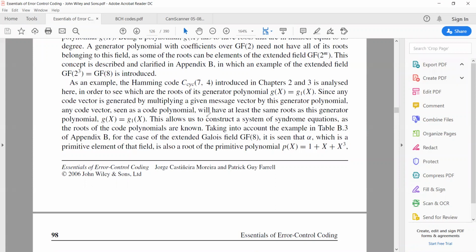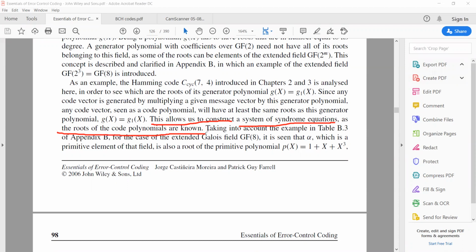From this concept, we can say that this allows us to construct a system of syndrome equations. Why? Because the roots of the code polynomials are known.